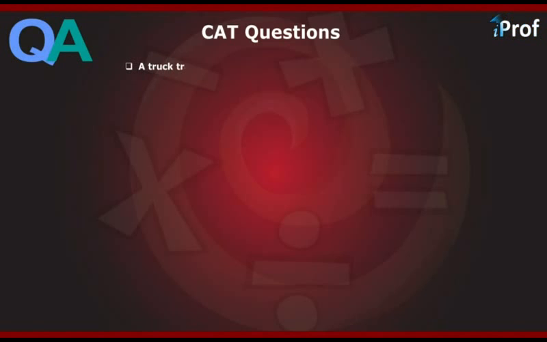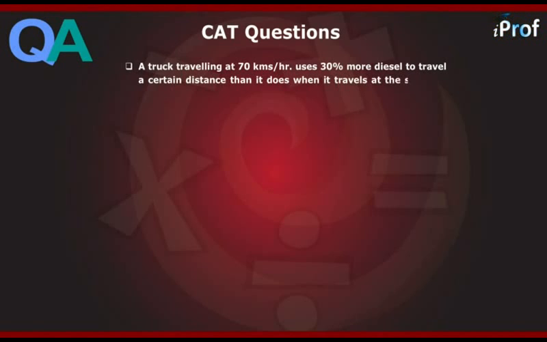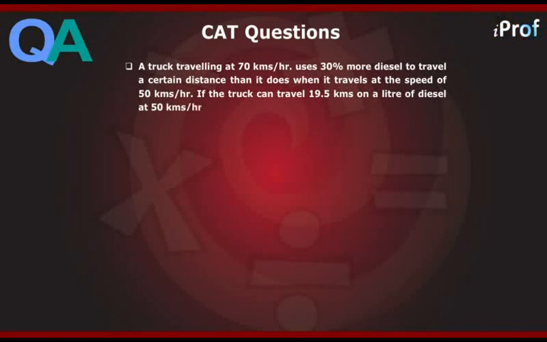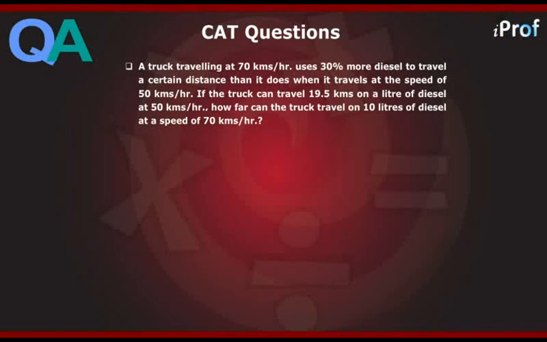A truck traveling at 70 kilometers per hour uses 30% more diesel to travel a certain distance than it does when it travels at a speed of 50 kilometers per hour. If the truck can travel 19.5 kilometers on a liter of diesel at 50 kilometers per hour, how far can the truck travel on 10 liters of diesel at a speed of 70 kilometers per hour?